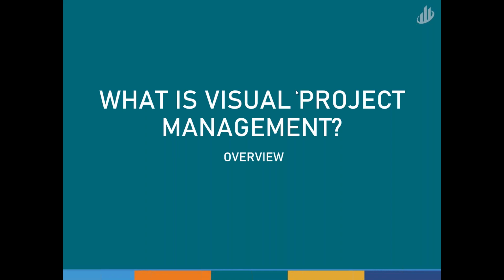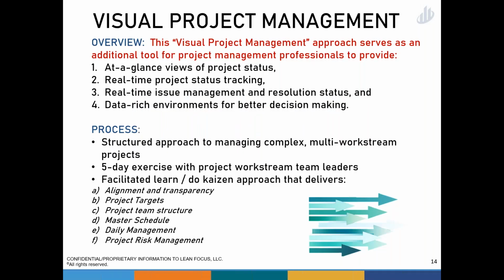So what does it really look like? What is visual project management, right? It's really a tool that is in addition to the things that you have in place. This is not a substitute for MS Project. This is not a substitute for mapping out your critical path and understanding those interdependencies, right? That is all key.